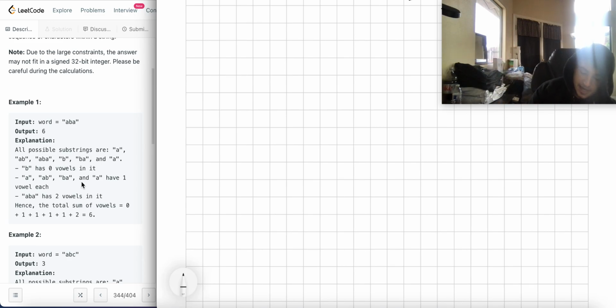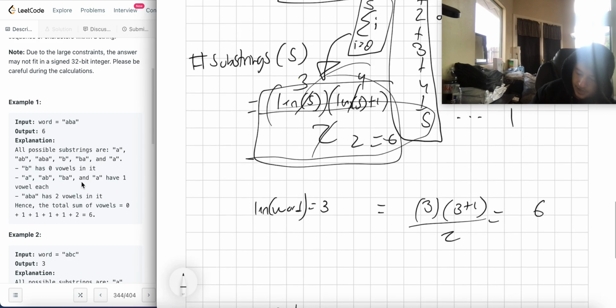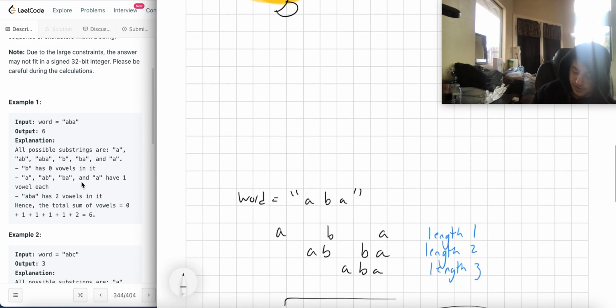So for ABA, we had these substrings. This is a vowel, so there's one vowel. This is a vowel, so there's two vowels, three, four, five, and six vowels in total, right?